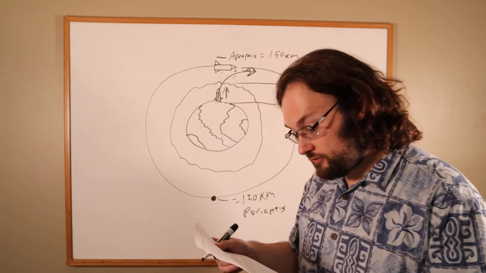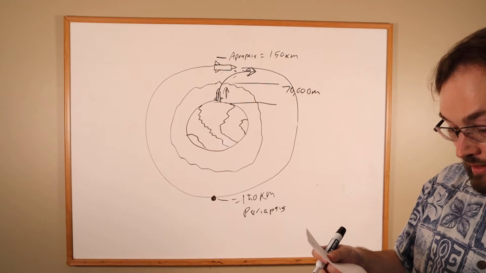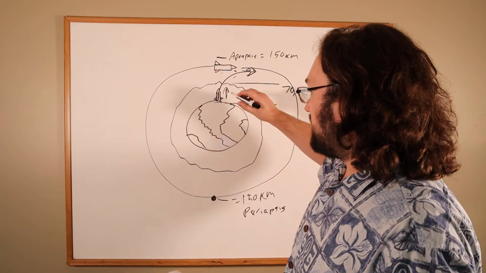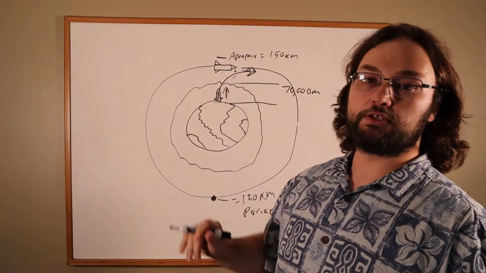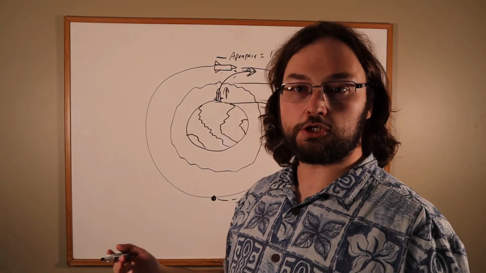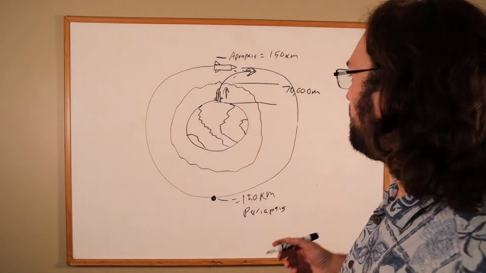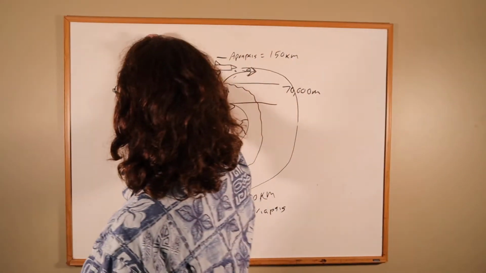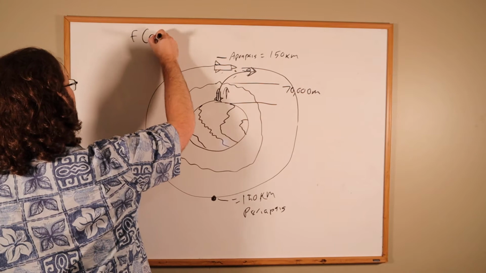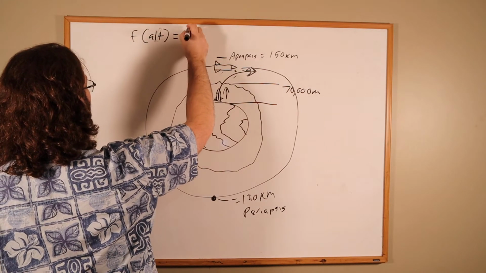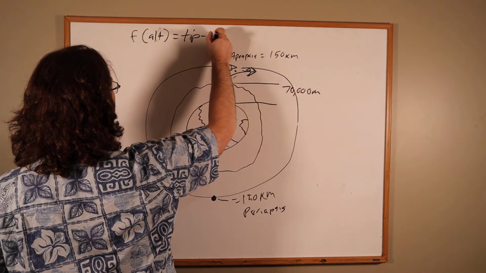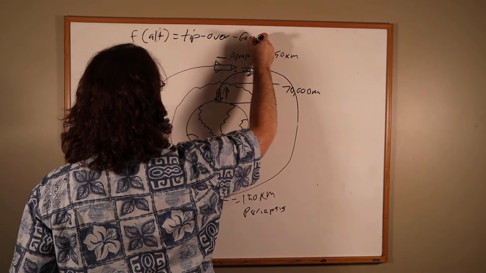So what we're looking at trying to do here is try to figure out what curve do we want to do, how much do we want to tip the rocket over as we go up in order to get an efficient launch. And one way to do that is just have some function, f of alt equals tip over factor.